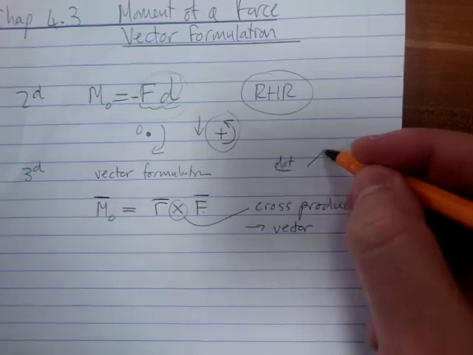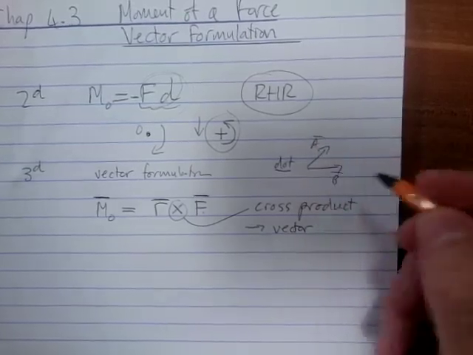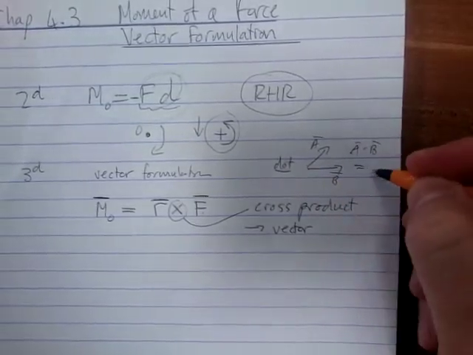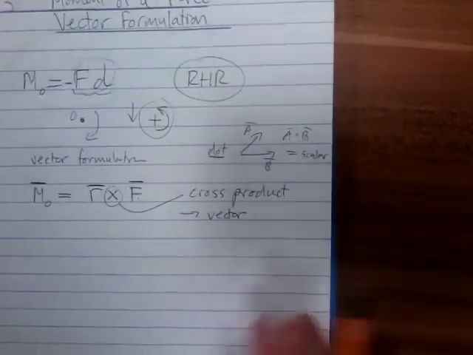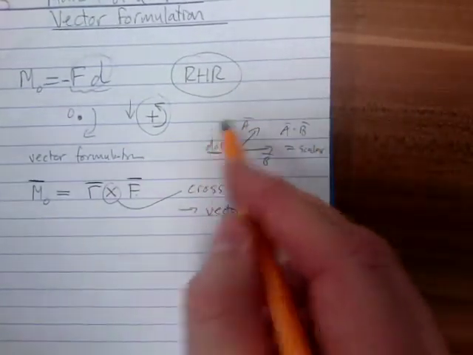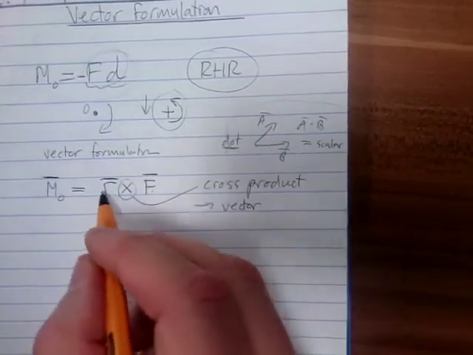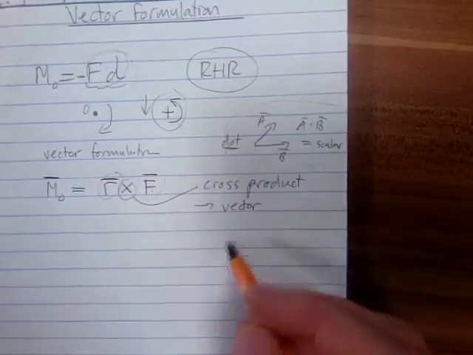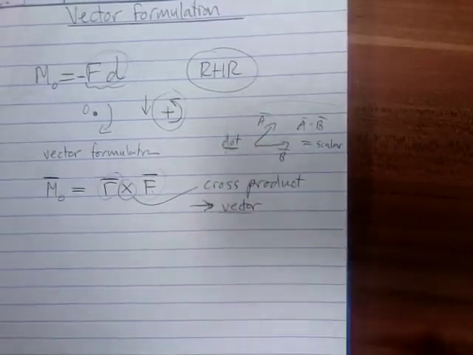That's the dot product. You need to go revise what the dot product does, okay? But the cross product, I say one vector R cross another vector F, and out comes a vector, okay?